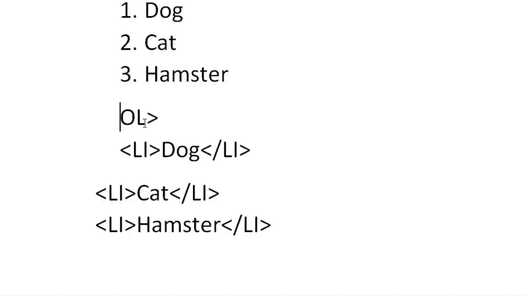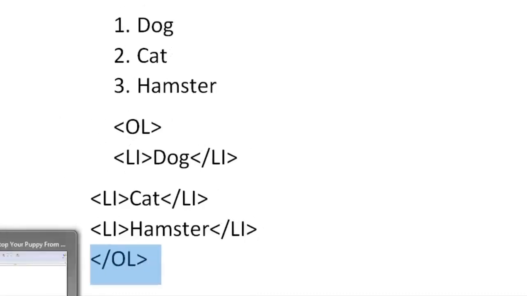OL. Pretty simple. So we open this ordered list, we have the 3 items, and then of course, right below that, we close the /OL, right? So that's basically how to create an ordered list. So once you have that concept and understanding of an unordered list and an ordered list, it's the same thing except for the open and close tag, or the main ones.